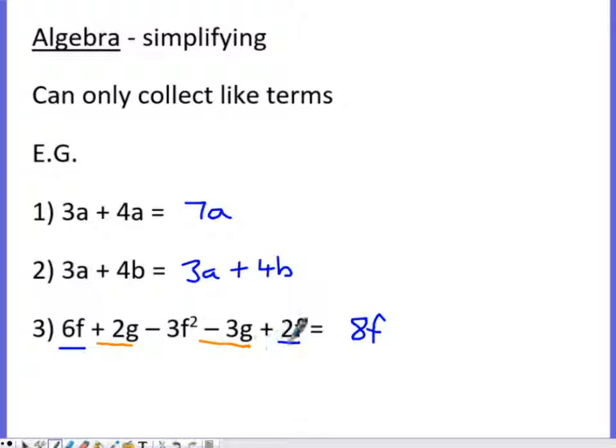Well, 2 minus 3 is minus 1G. Don't need to put the 1. And then what we're left with are just minus 3F squared. And we can't group the F and F squared because they're different. So your final answer is just this, 8F minus G minus 3F squared.